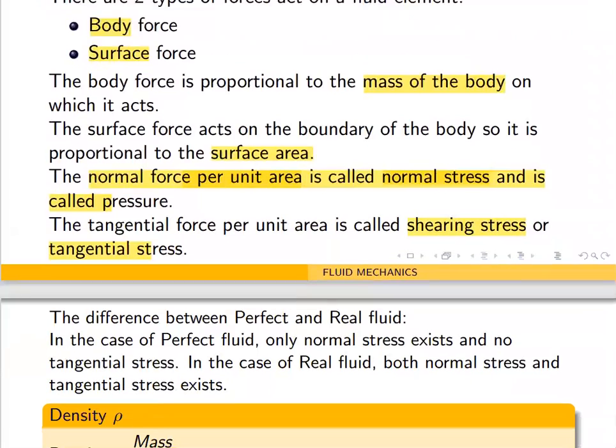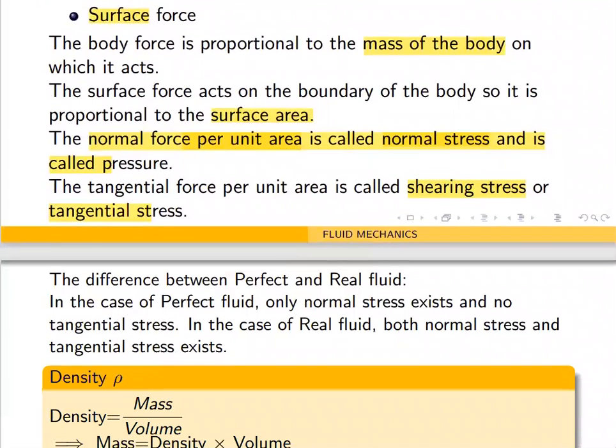The difference between perfect and real fluid: in the case of perfect fluid, the only stress that exists is normal stress and no tangential stress. In the case of real fluid, both normal and tangential stresses exist.